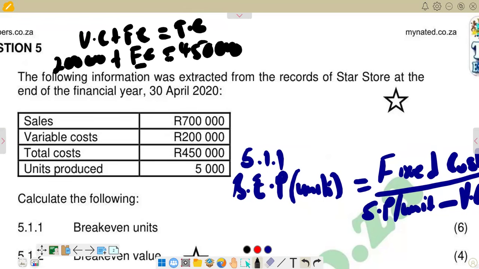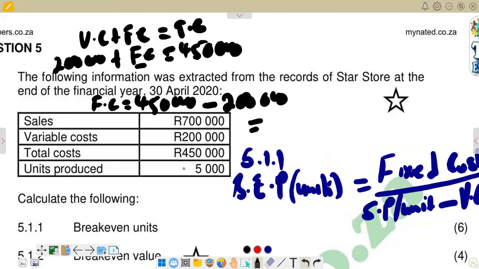So we can make fixed cost the subject of the formula. Fixed costs are equal to 450,000, and then we subtract the 200,000. If you take 200,000 to the other side, it becomes negative.